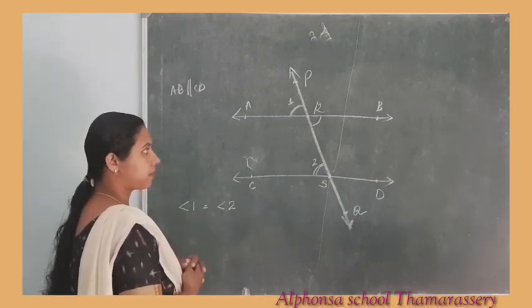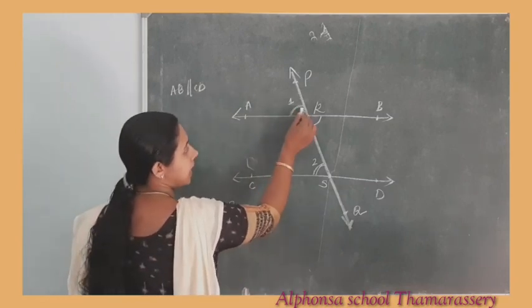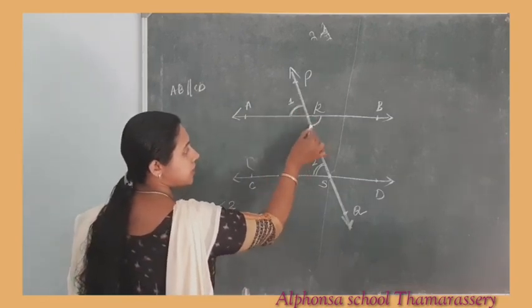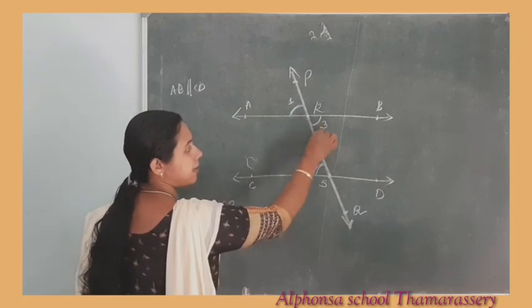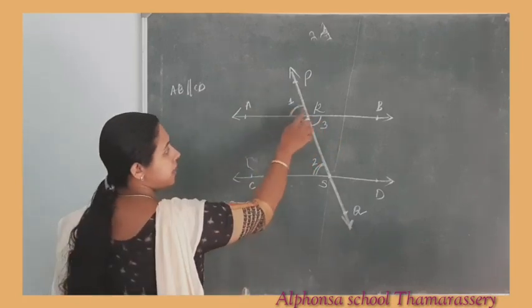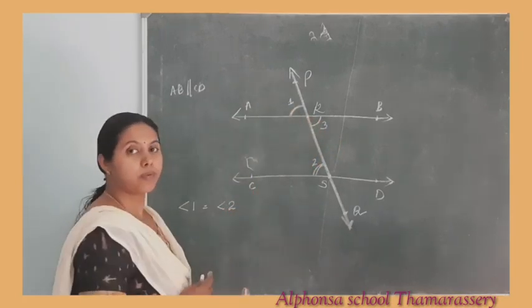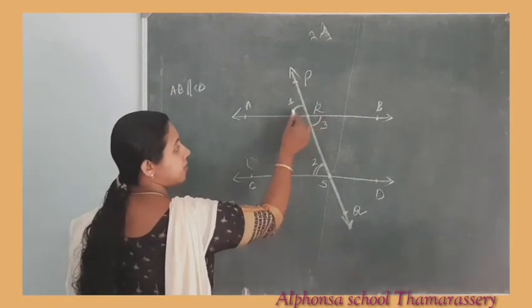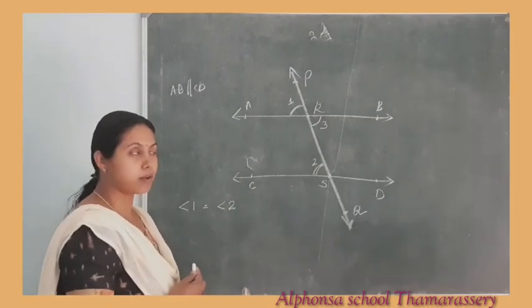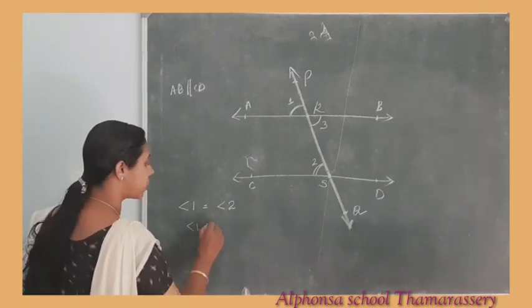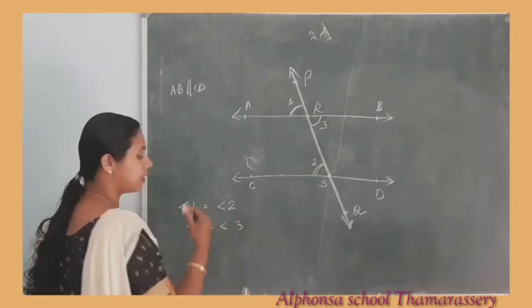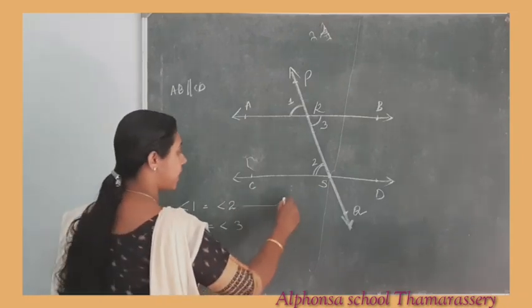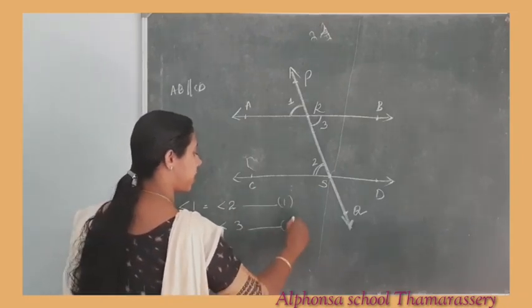Then we know that this angle 1 is also equal to this angle, which you can name angle 3, because these two angles are vertically opposite angles. When two lines intersect, the vertically opposite angles are equal. So angle 1 is also equal to angle 3. You can call these equation 1 and equation 2.